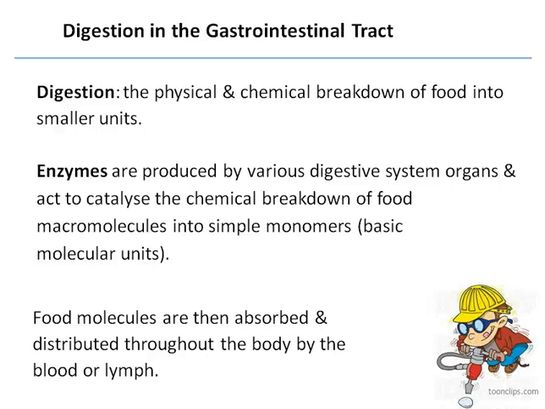Enzymes are proteins produced by various digestive system organs, in particular the pancreas, and these act to catalyse or speed up the breakdown of food molecules at the molecular level. So you have large food molecules, complex proteins, complex starch molecules, which are too large to be absorbed into the bloodstream. Enzymes allow you to easily break these large molecules down into smaller molecules, which can then be absorbed and distributed throughout the body.